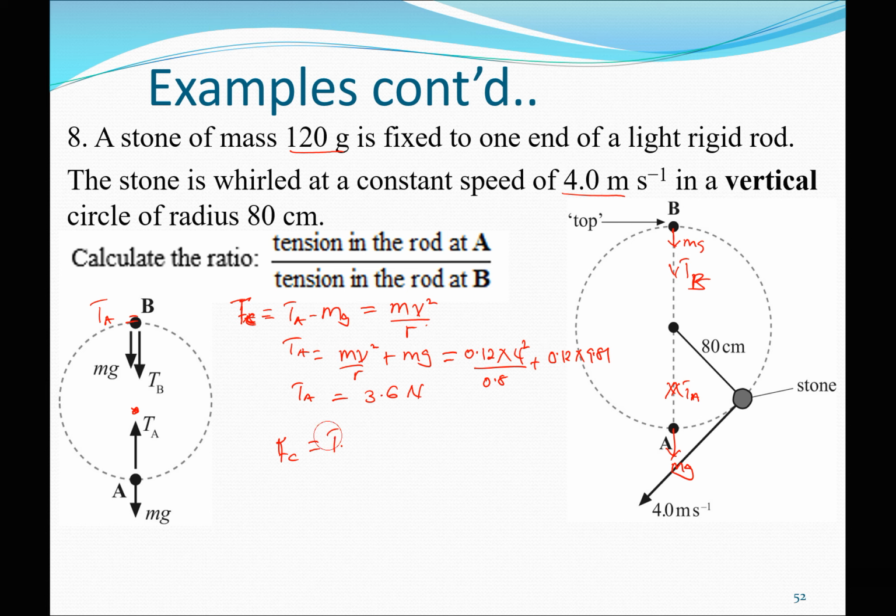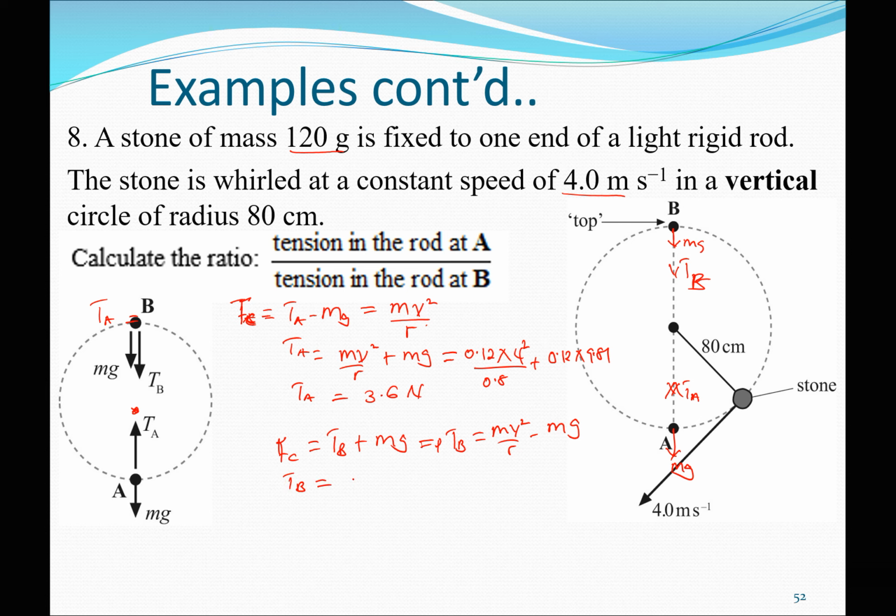Then at B, the resultant force, which is the centripetal force at B, is going to be equal to, because TB and mg are acting in the same direction, TB equals the centripetal force, which is mv squared over r minus mg. So I'll substitute.